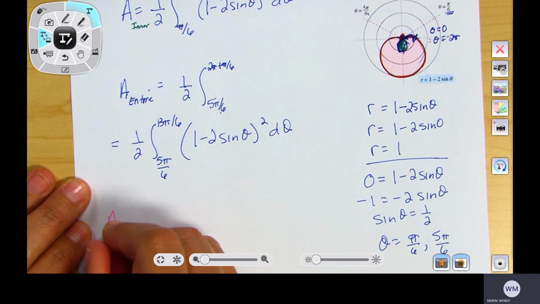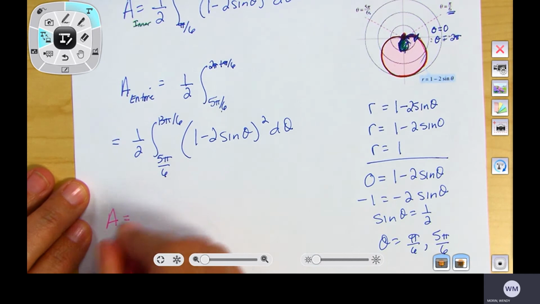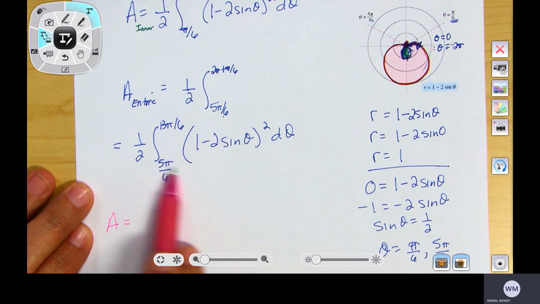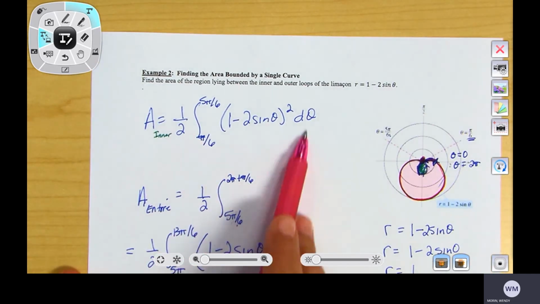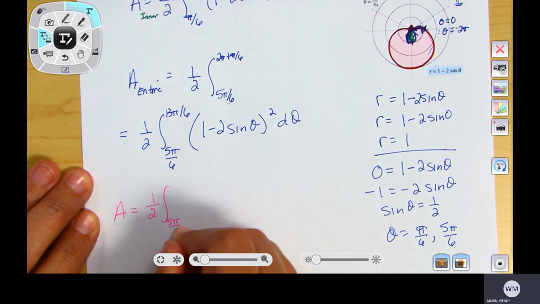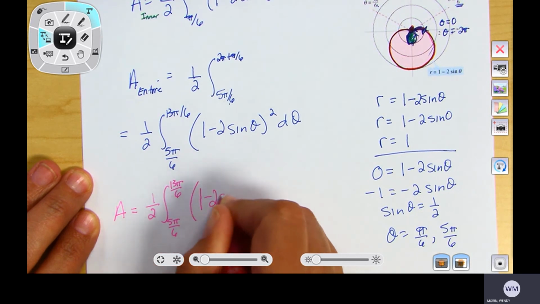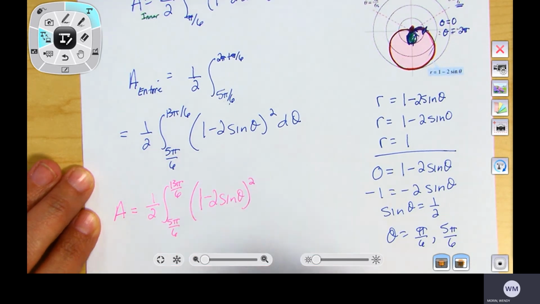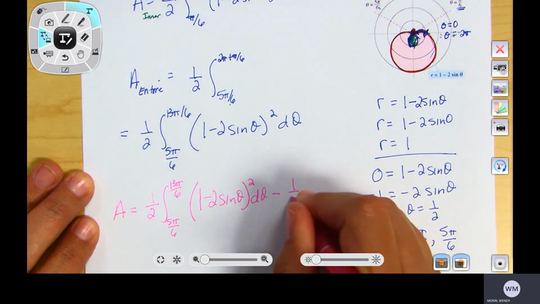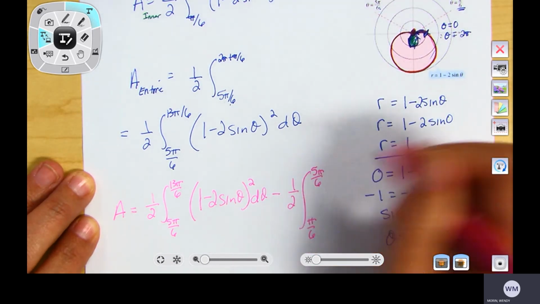So the area lying between the inner and outer loop would be all of this minus all of this. So that would be 1/2 the integral from 5 pi over 6 to 13 pi over 6 of (1 minus 2 sine of theta) squared d theta, minus 1/2 the integral from pi over 6 to 5 pi over 6.